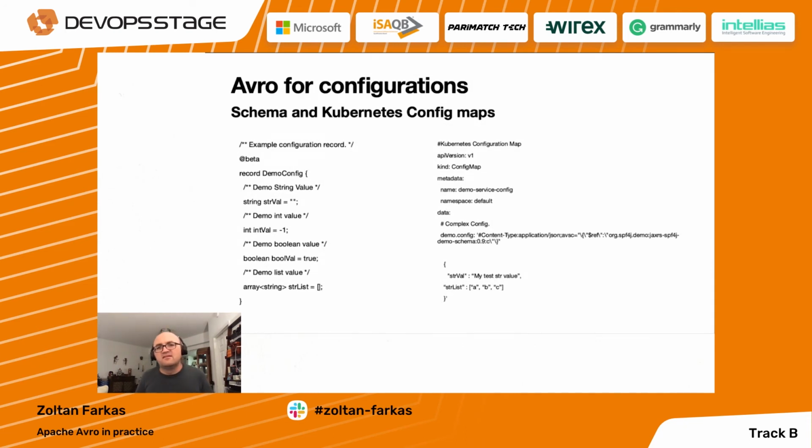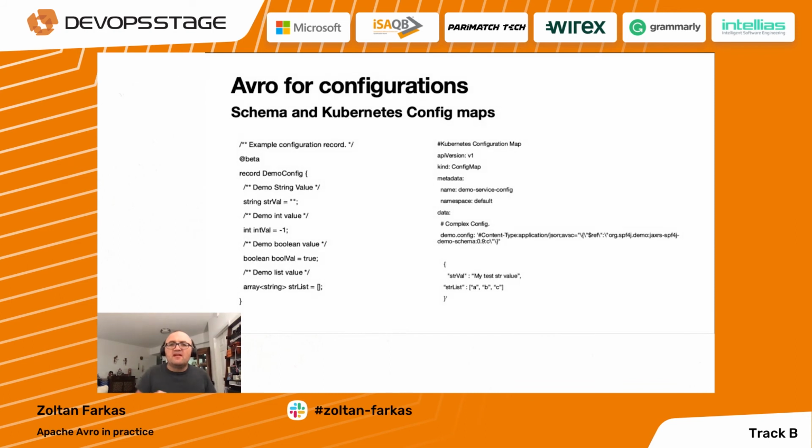Schemas can have documentation, so you can know what to put in a configuration value and so on. There are a lot of advantages to having an Avro schema for the configuration. And this can be enhanced further if we look into using CUE lang and other technologies together with Avro.